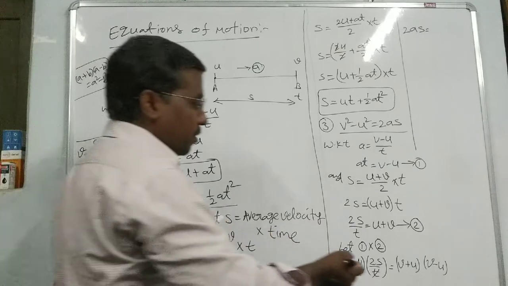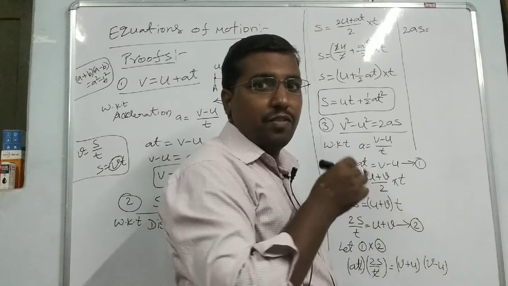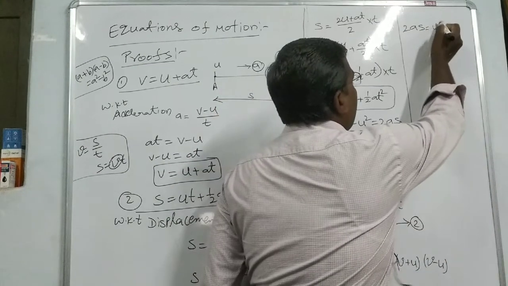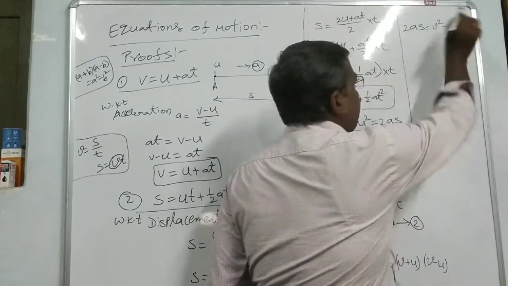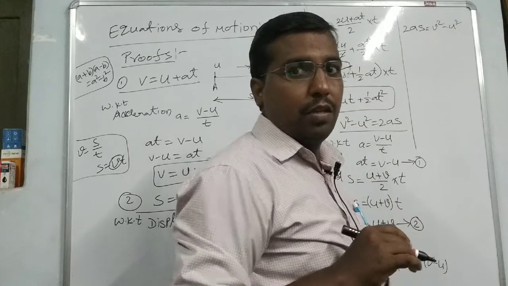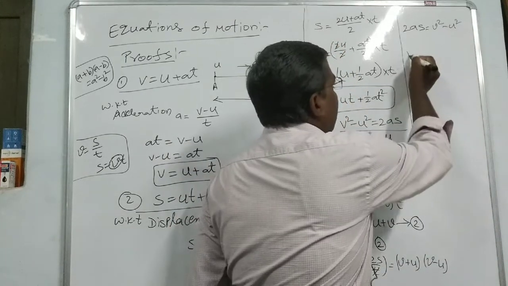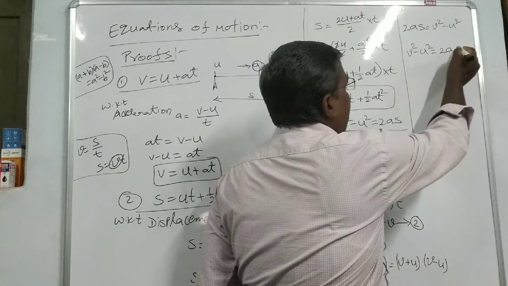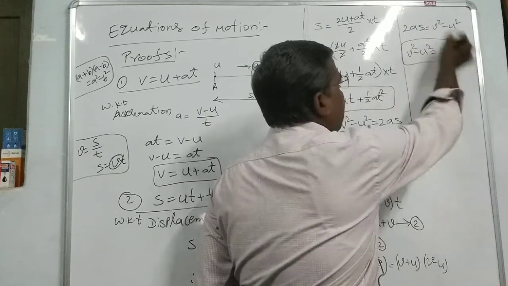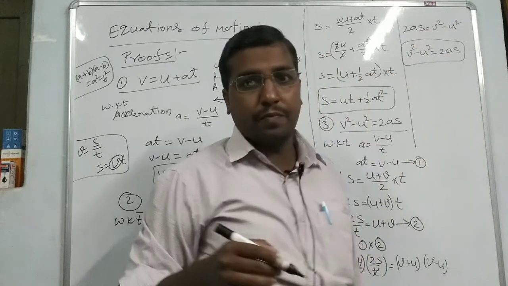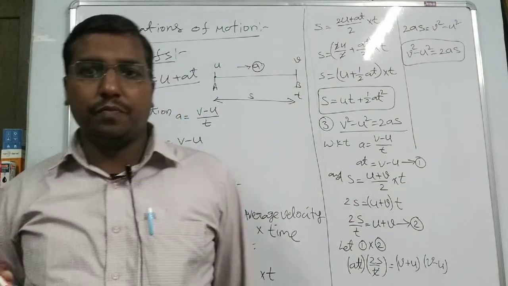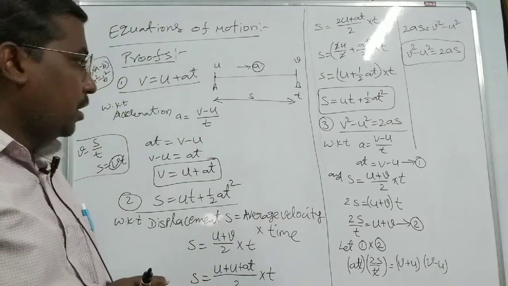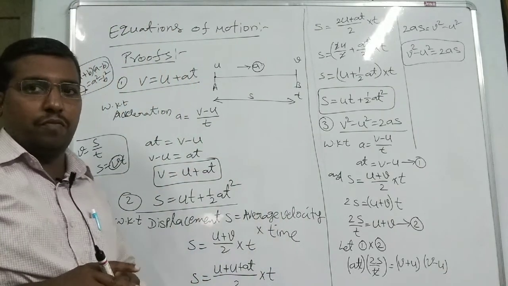So we write v square minus u square equal to 2as. This is the third proof. Okay students, in this we discussed the proofs of the three equations of motion.